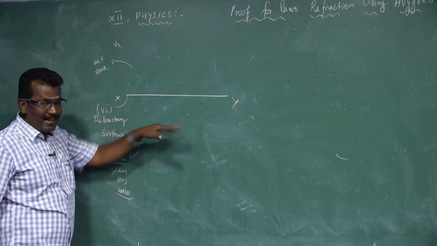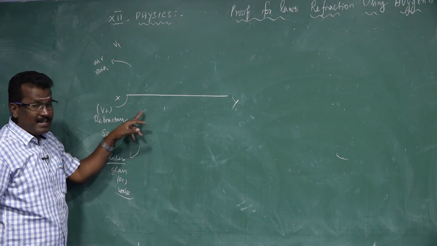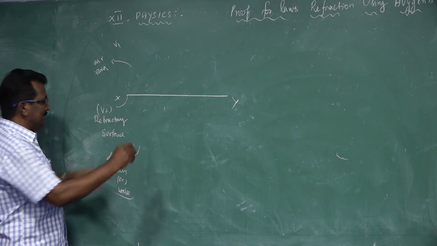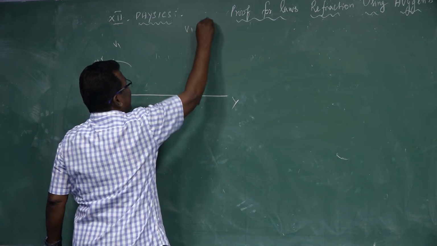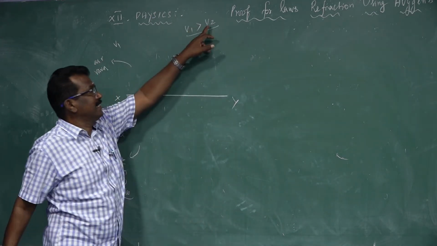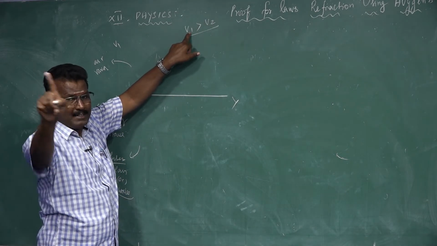So the velocity of light in denser medium is lesser than the velocity of light in rarer medium. So V1 is always greater than V2. The maximum speed is only in the rarer medium.